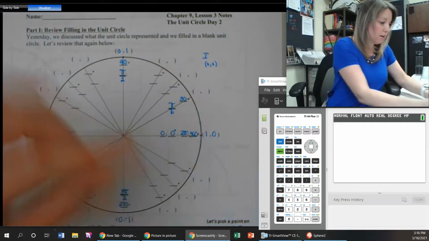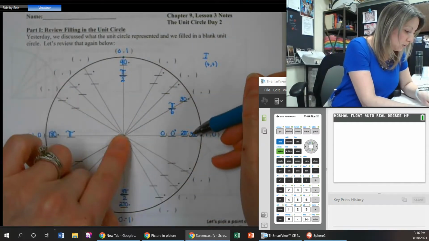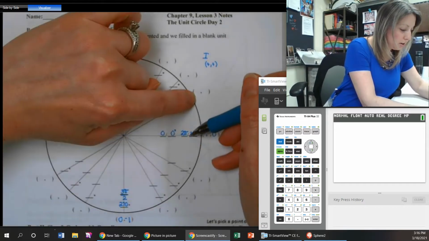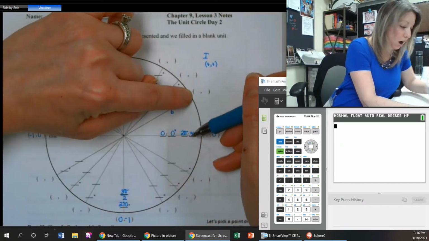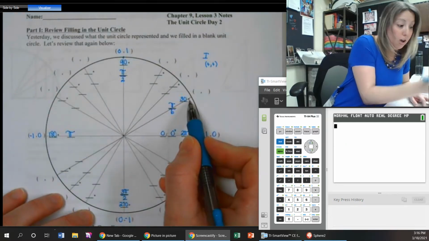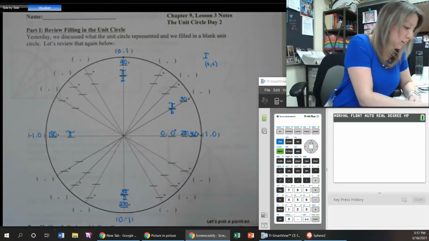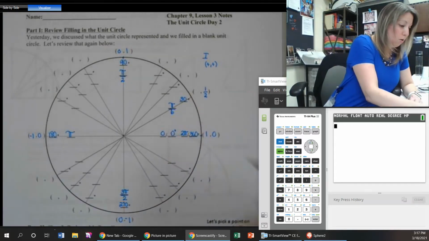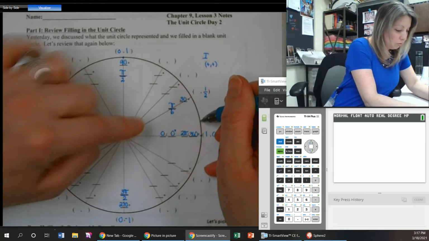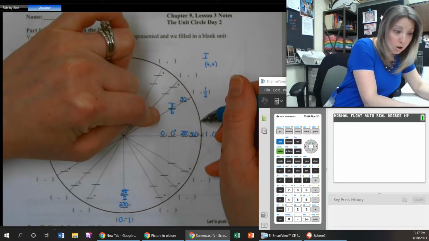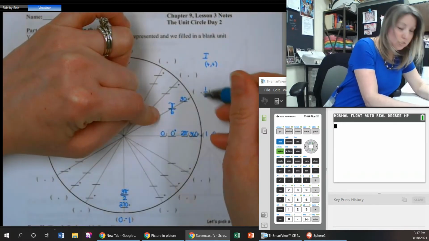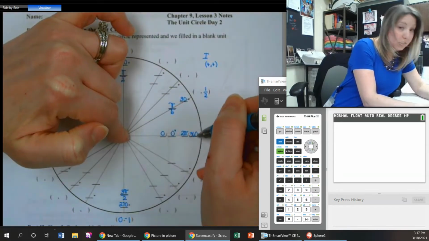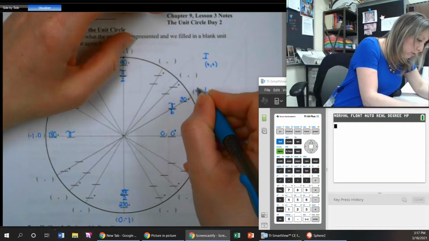Where are they? The x is the distance from here to here. That's the x coordinate. And the y is the distance from here to here, how far up we've gone on the y-axis, right? And we've gone halfway up the y-axis because of the proportionality of the 30-degree angle. 1, radical 3, 2. So 1 over 2 is this value right here. And the x value from here to here is radical 3 over 2.